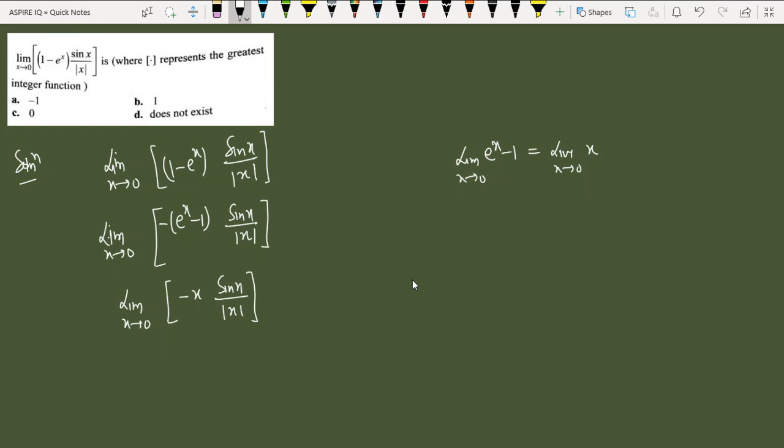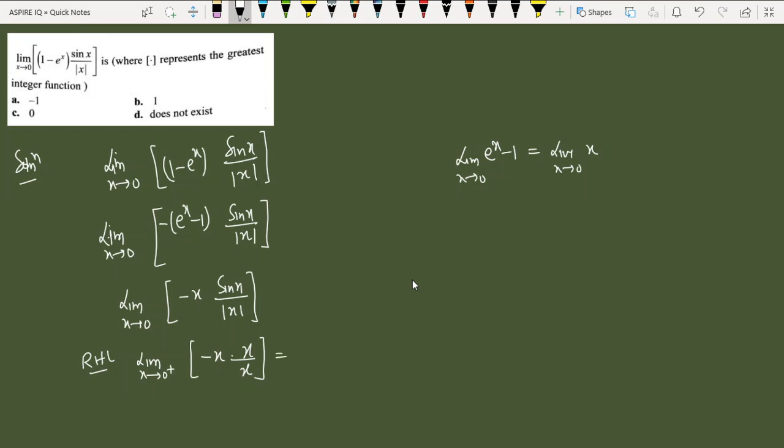Now just see here comes the mod. So we need to approach towards right hand limit and left hand limit. When we are discussing right hand limit, we are approaching from the 0 plus side. So this is minus x, and this is also x, because x is positive here.